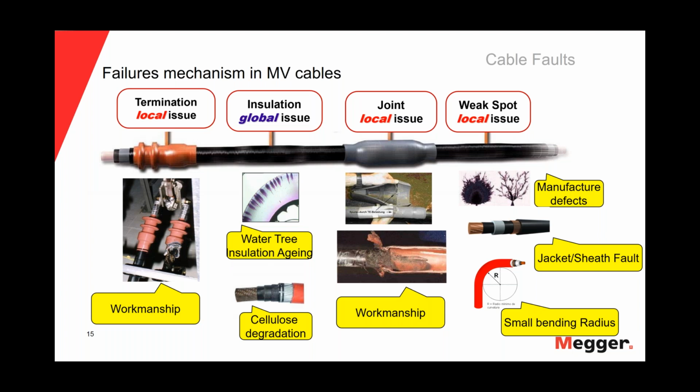So long story short, there are all different ways that a cable can fail, many of them related to workmanship. And just as a side note, we do use this same slide when we talk about test and diagnostics. Many of these types of failures, there is a possibility to discover them with some type of test and diagnostics.